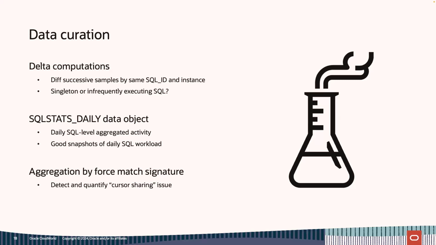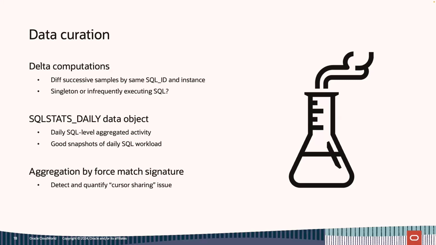But just to discuss this a little bit, currently, we aggregate after we collect. So if you have a cursor sharing issue, what you're going to see usually is lots and lots and lots of SQLs that have different SQL IDs, but they're effectively the same SQL, right?